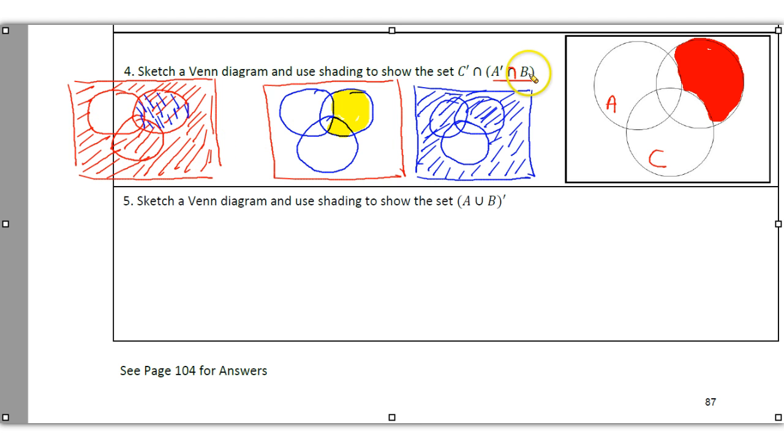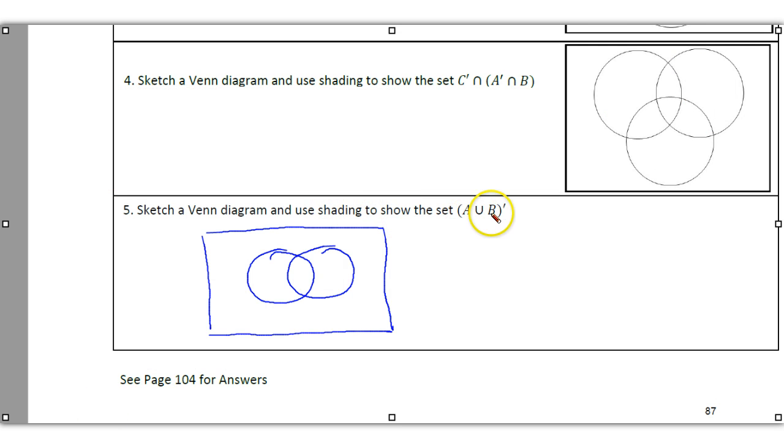Then you sketched in B in blue, and where they overlapped, that was your intersection, which we have here as yellow. And then we sketched in the complement of C, and now we're looking for where these two intersect, and it's there.